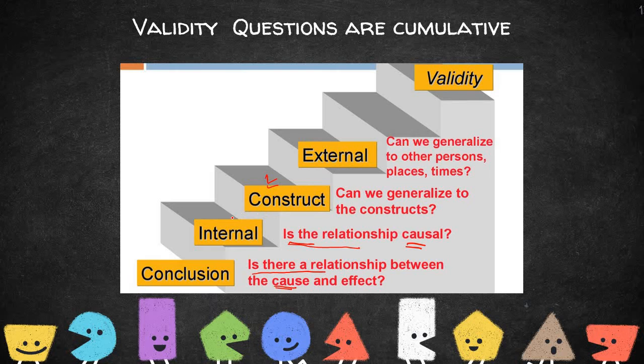So how well we have implemented our program, how well we have measured those outcomes, and whether those measured outcomes reflect the theoretical ideas, so there is a high degree of reciprocation between theory and practice. And then we move one step up, which is external validity, where we try to generalize to other persons, places and times.